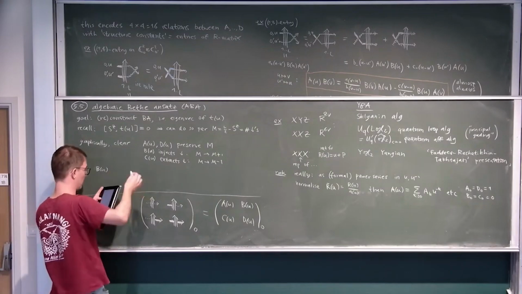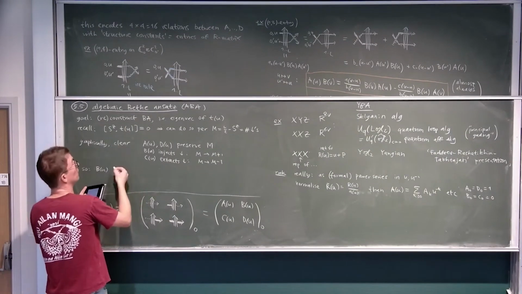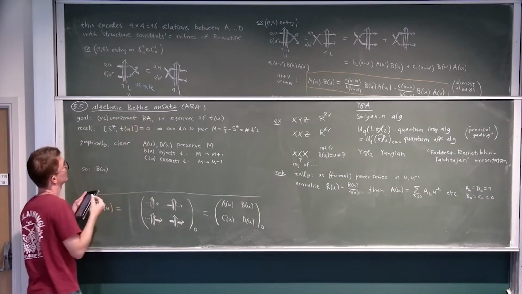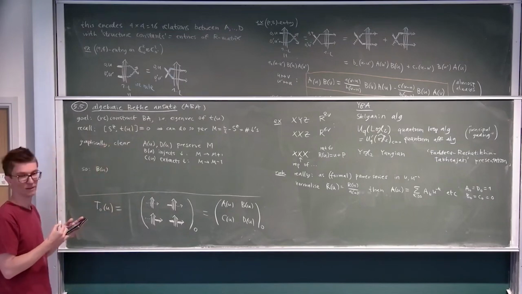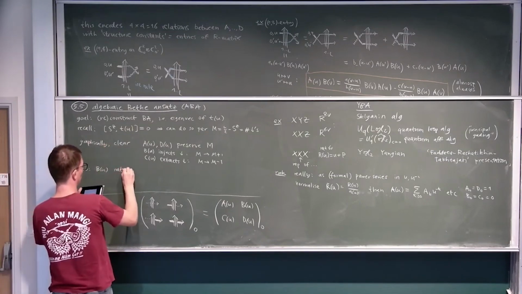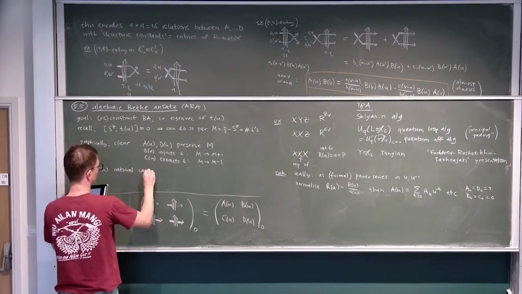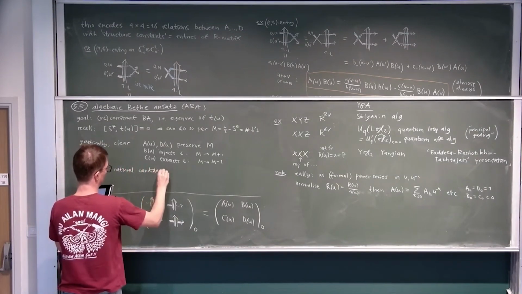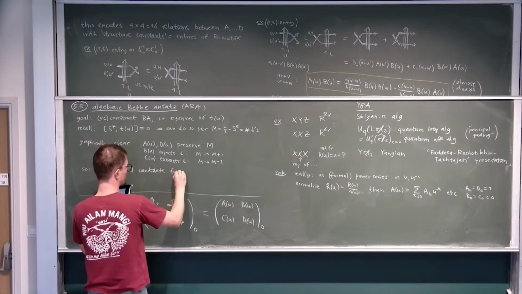So we will do a Fock space type of construction, that's what the algebraic Bethe ansatz is. It's like a Fock space construction of the Bethe ansatz. So the B operator is a natural candidate for a creation operator.